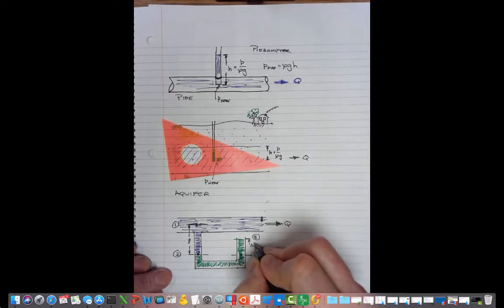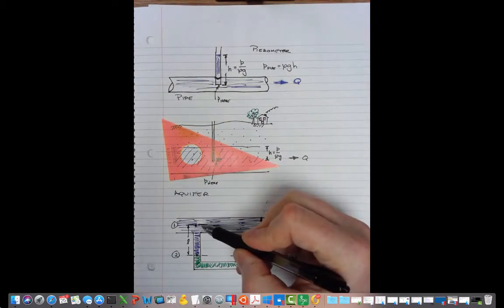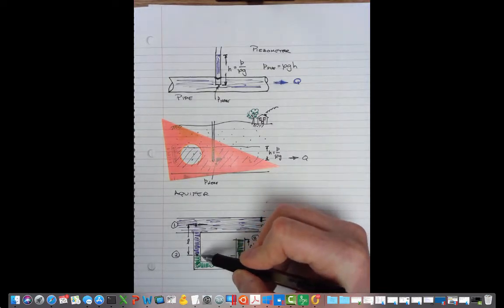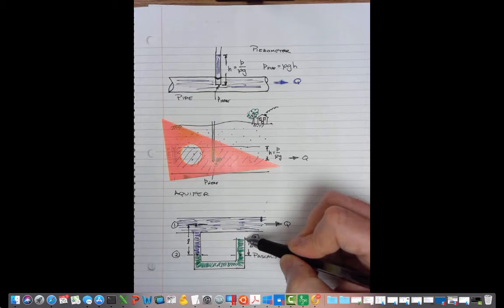And we'll call this height delta H. And what we can do now is we'll apply the concept of a static fluid moving from position 1 to position 2. Then we will go from position 2 to position 3.